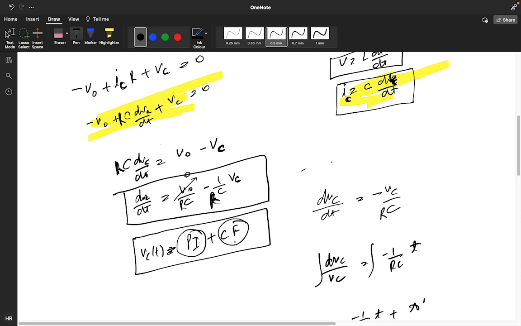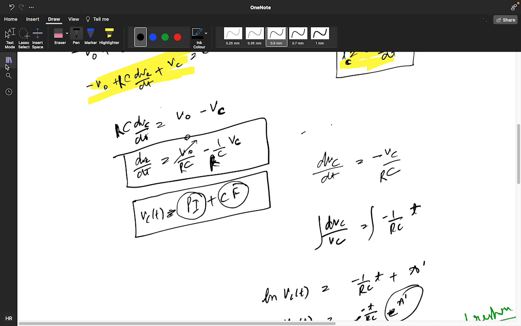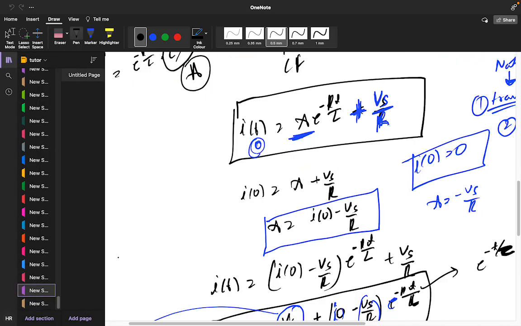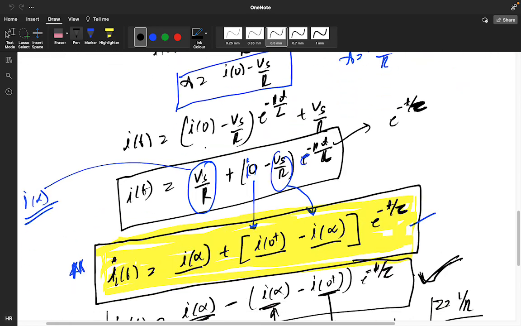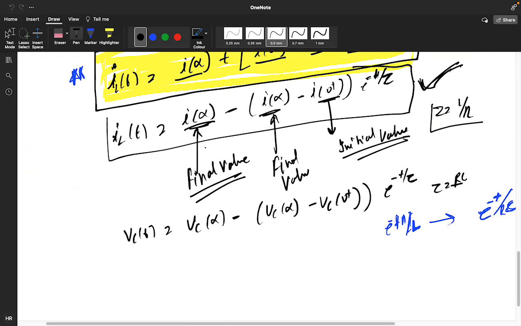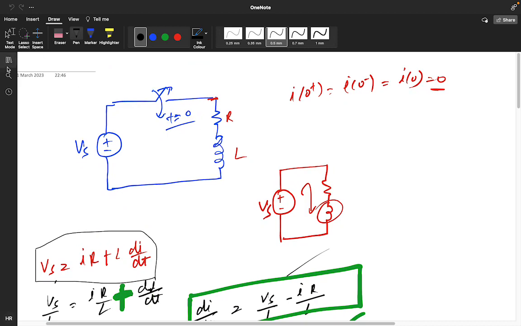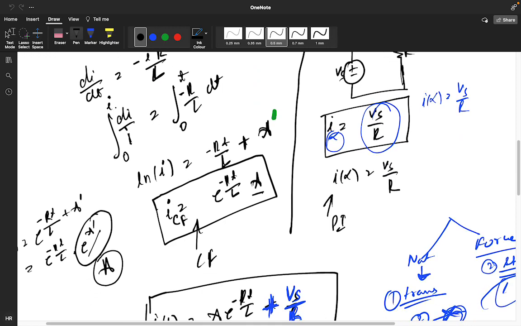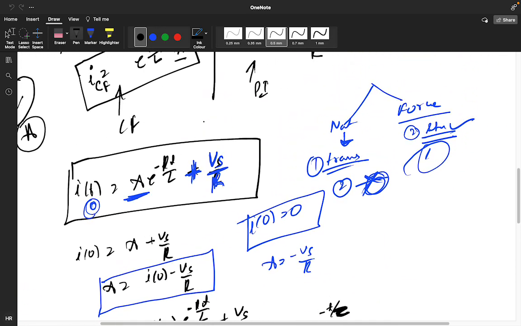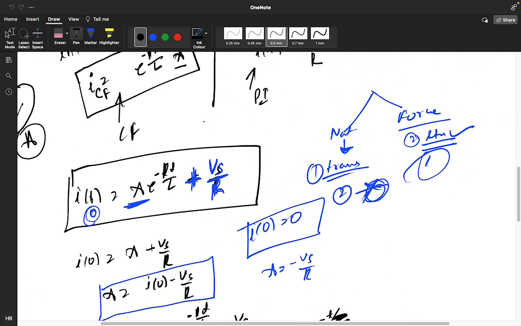Yesterday we discussed there are two kinds of response: one is transient response, one is steady state response.